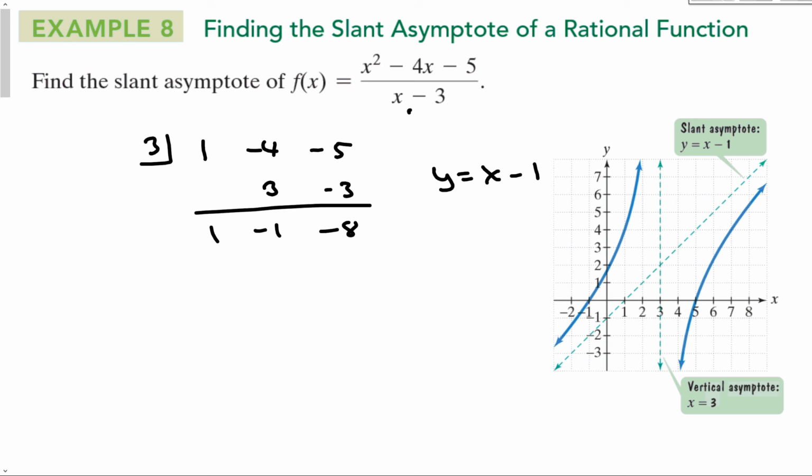And what you should know is that the graph will never cross the vertical asymptote, and the ends of the graph will get closer and closer to the slant asymptote. These two are getting closer and closer, as are these two. The middle of the graph is going to either approach infinity or negative infinity.